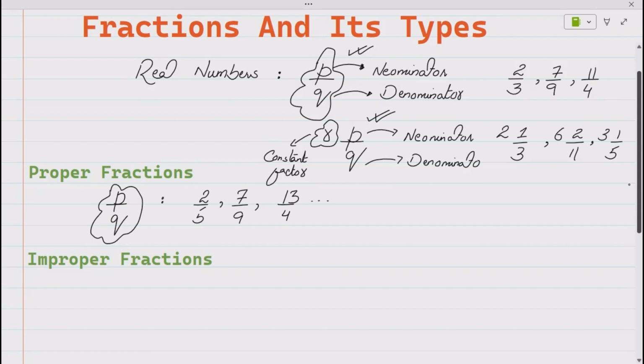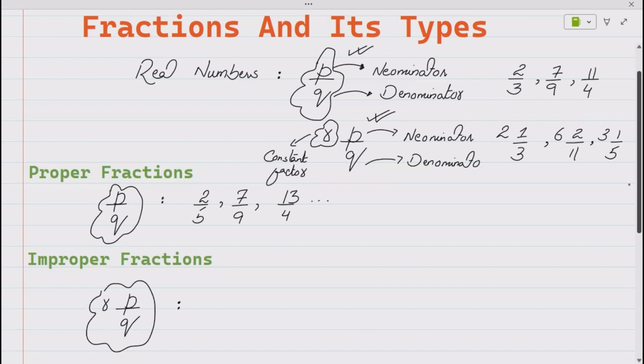Now, what are improper fractions? Improper fractions are those fractions in which instead of two numbers, we have three: numerator, denominator, and a constant factor term. This type of fraction is called an improper fraction.